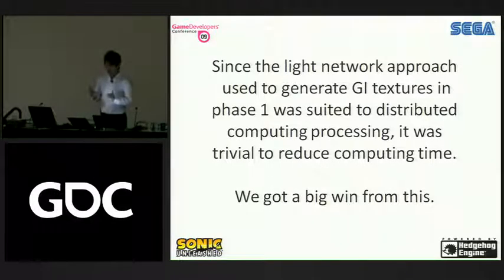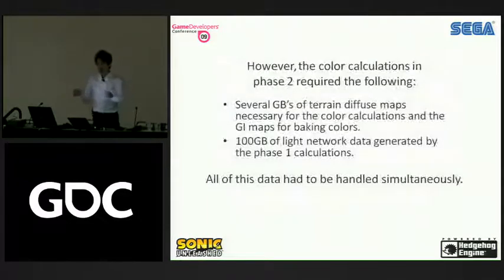Of course, in phase 1, creating the light network approach is suited for distributed computing. So we could reduce the computing hours dramatically. That was really, really good. However, in phase 2, we need to use a diffuse map or GI map, and these took gigabytes.